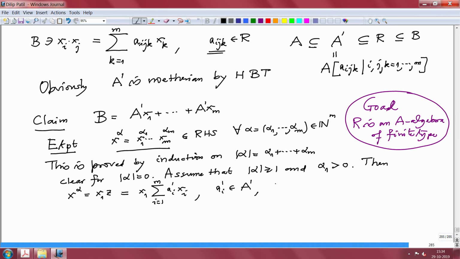This is because we have written z equal to the summation i equal to 1 to m of ai prime xi. So we have assumed this by the induction hypothesis.